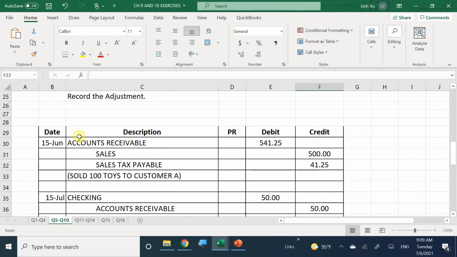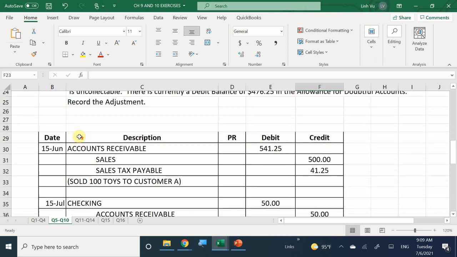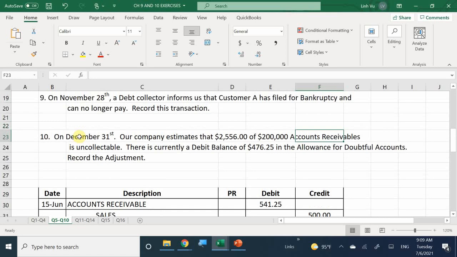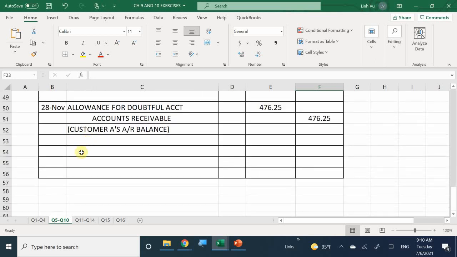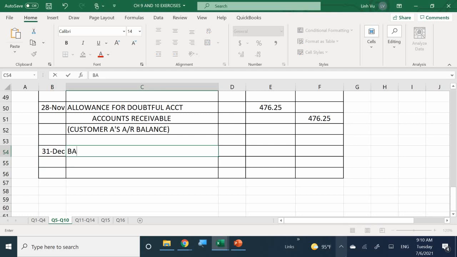Excellent, right? So in this case, we reach the end of our given accounting period. So therefore, we are making an adjustment, right? And the adjustment is that we're going to write off whatever amount is considered bad debt. Okay, so this is for sure that we are making a conclusion that we are not going to be receiving this money. So in this case, right, we are going to be creating a bad debt expense account to write off the loss that we've incurred.